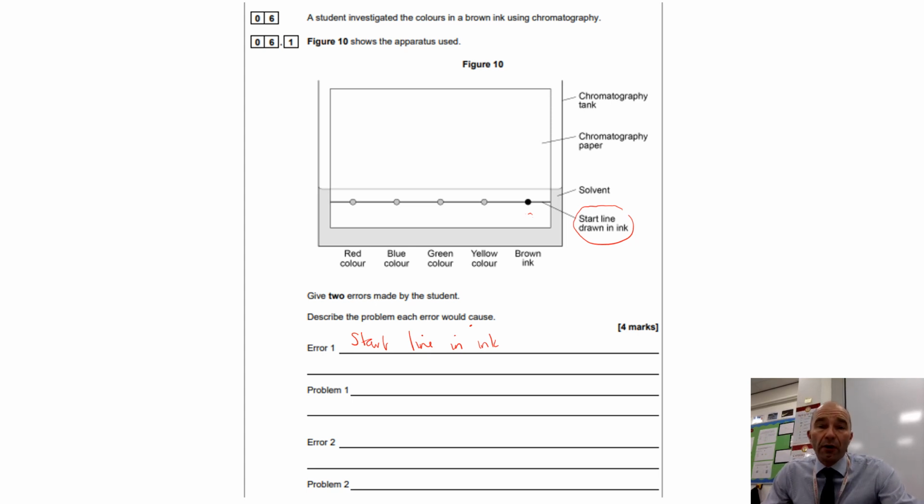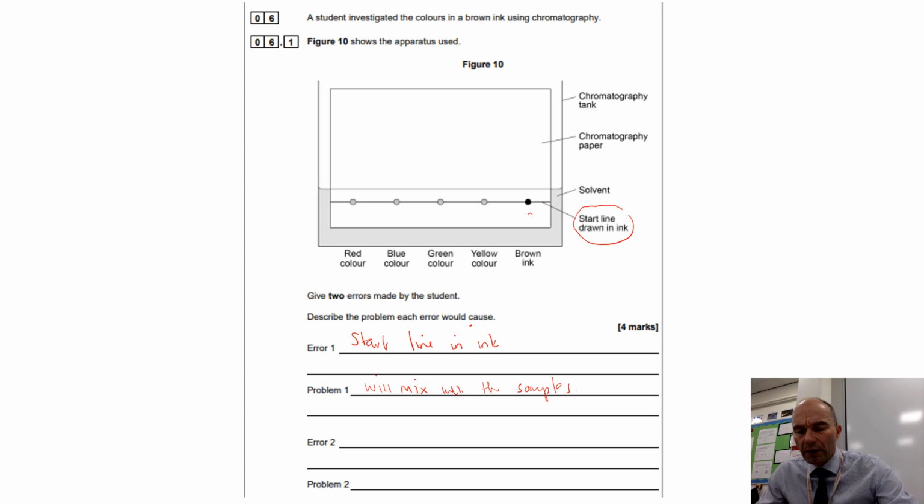Well, of course, you're carrying out chromatography on ink samples, so there's a possibility that the ink in the start line is going to mix with the actual sample of ink. So the start line ink will mix with the samples, which is obviously going to interfere with the chromatogram that you get.